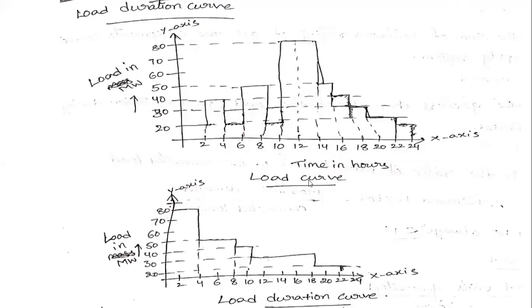It is the graph drawn between the load and time. For example, 20 megawatts from 0 to 2 hours, 40 megawatts from 2 to 4 hours, 50 megawatts for 2 hours, and 80 megawatts for 4 hours. Like that we will draw the load curve for the given data.